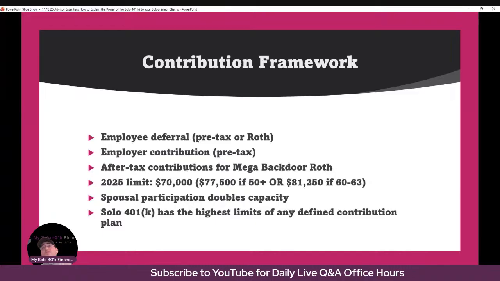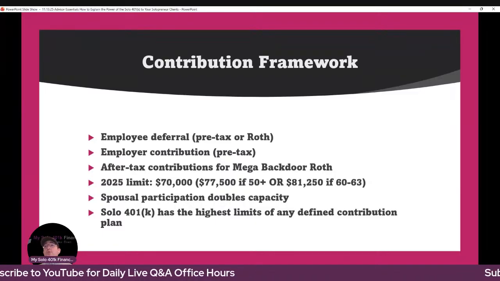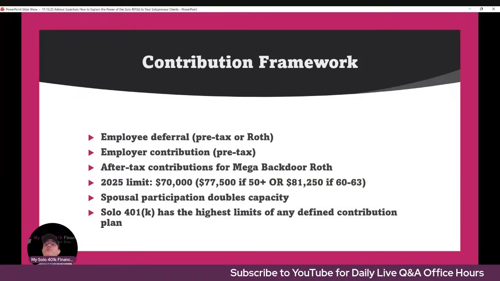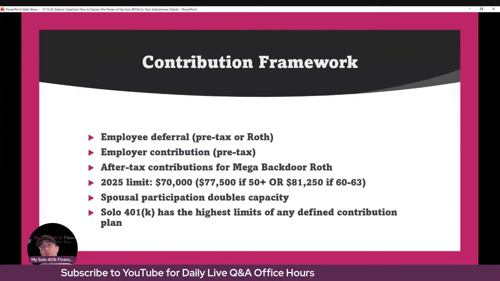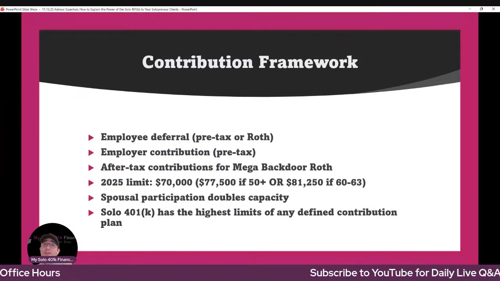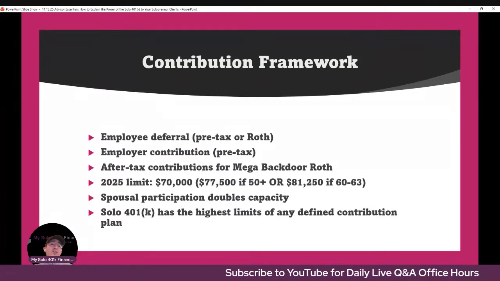And that is because it allows for not only employee contributions, but also employer. And if you have a plan like the one offered by my Solo 401k Financial, it allows for voluntary after tax contributions, which is how you make mega backdoor Roth contributions, right? So, in the words of the IRS, when you're self employed, you wear multiple hats, right? You're both the employee and the employer.